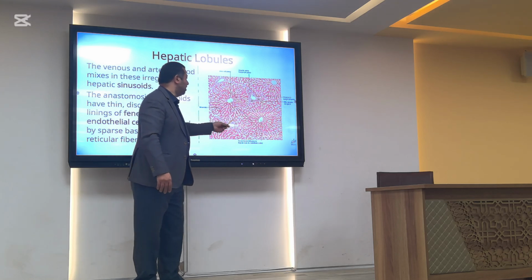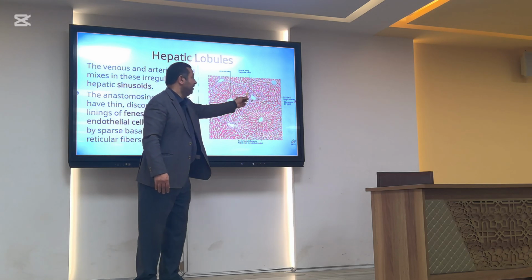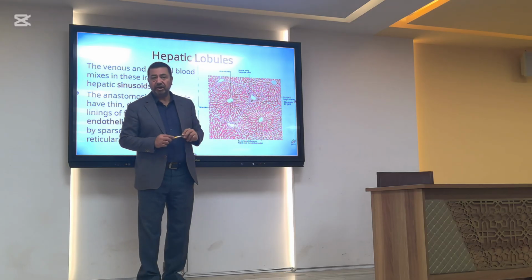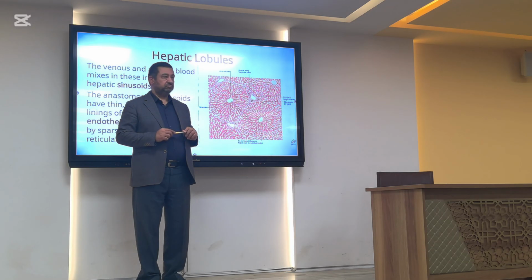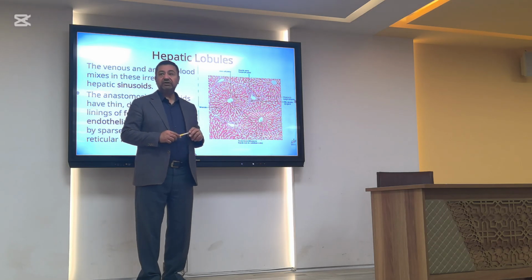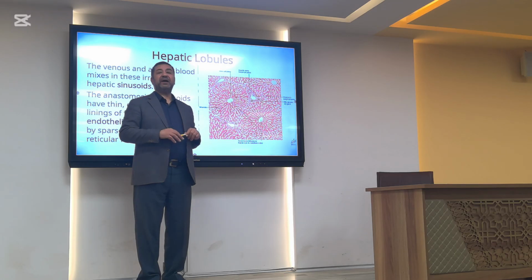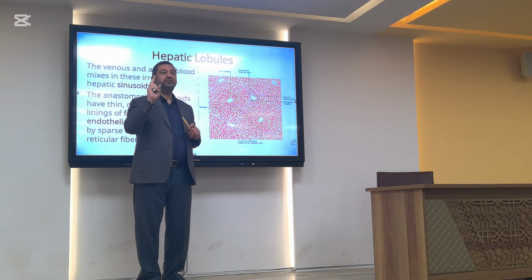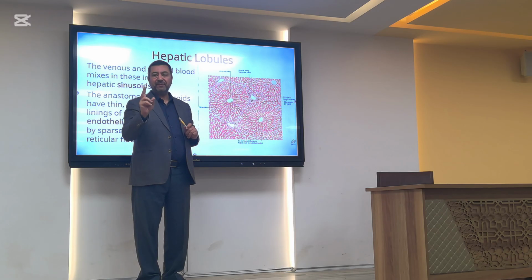Around each lobule, this area is called portal area. In this portal area there is connective tissue and a branch of the portal vein, a branch of the hepatic artery, and a branch of the bile duct.